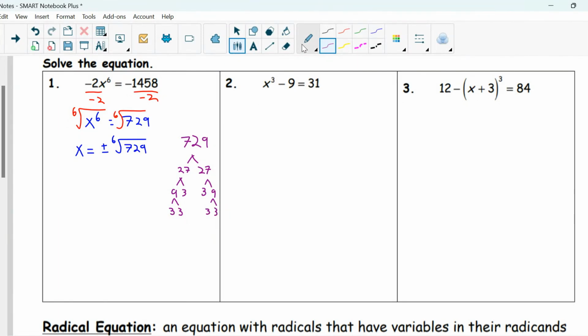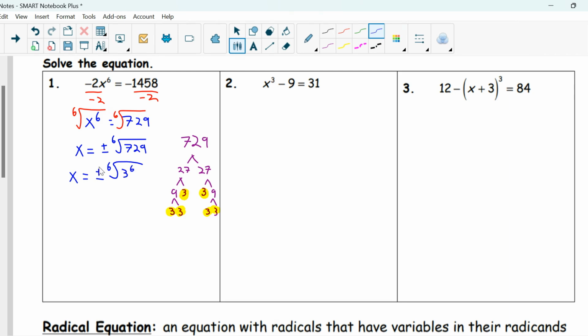So in the end, if I'm just looking at my prime factors, I've got 6 total 3's, which works perfectly with my index. So I'm going to rewrite the 6th root of 729 as x equals plus or minus the 6th root of 3 to the 6th power.